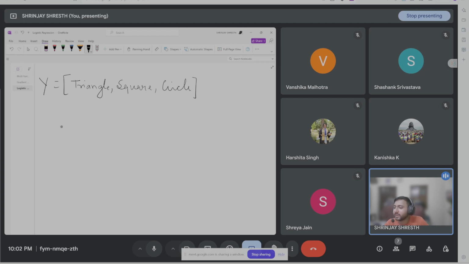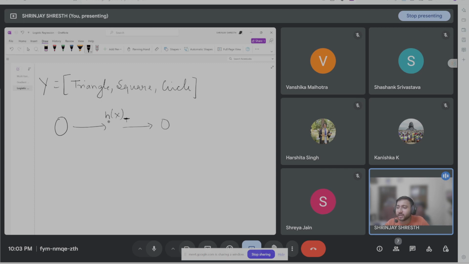So if I pass a figure into our hypothesis function, what should be my output? Let us say this hypothesis function is for triangle.